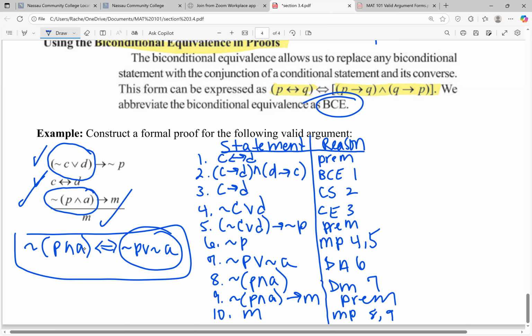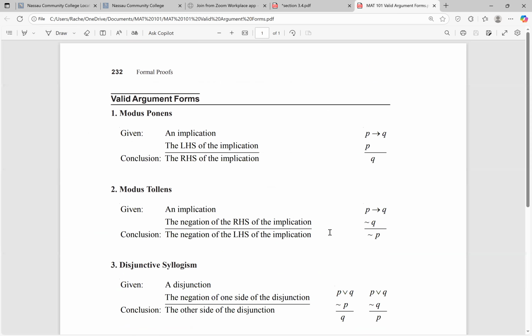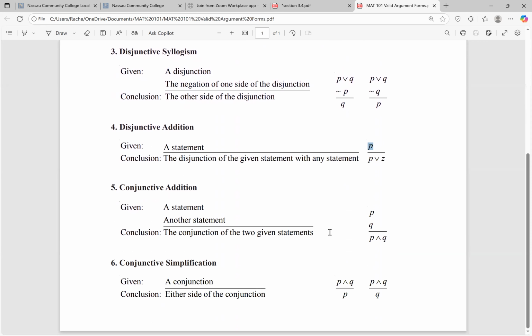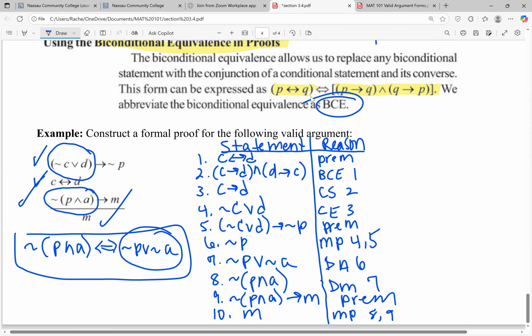So I know it's a lot, but my suggestion, like I said earlier, is refer to this valid argument form sheet that I made, and also from chapter 1, that sheet that I also have as a PDF of all the equivalences. So if you have these two in front of you together, it's going to make these a lot easier for you. And then, like I said too, you'll just start to remember some of them. Like you won't have to keep referring to the sheet.